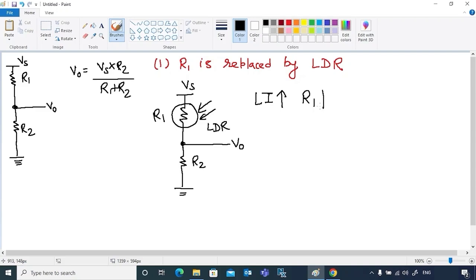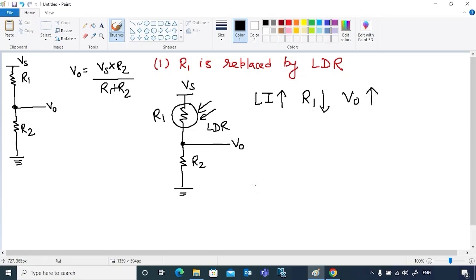R1 is decreasing, because when you put light, the resistance value is decreasing. So whenever you increase the light intensity, R1 is decreasing, because the resistance of the LDR depends on the light intensity. Now R1 is decreasing, so V output is increasing.